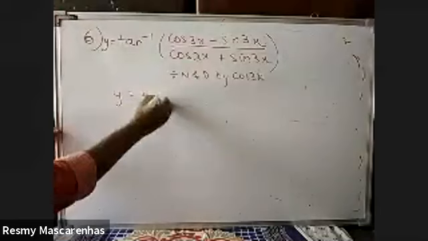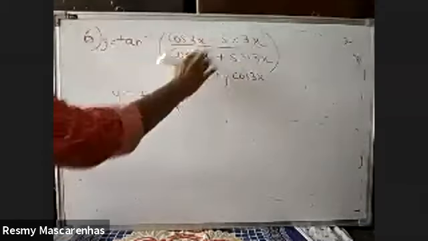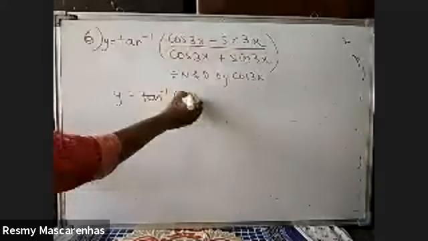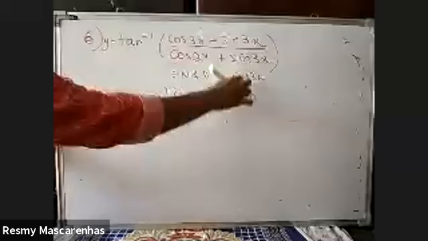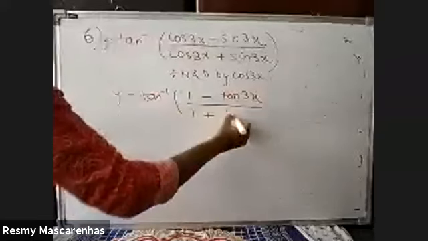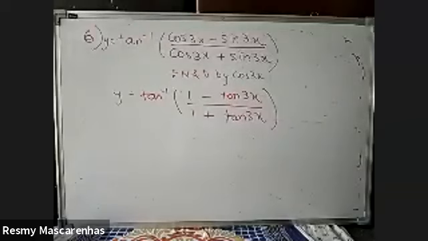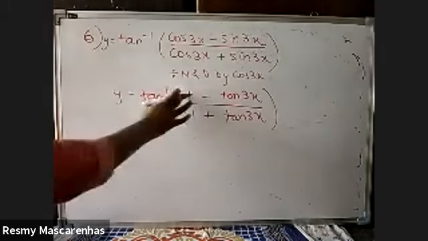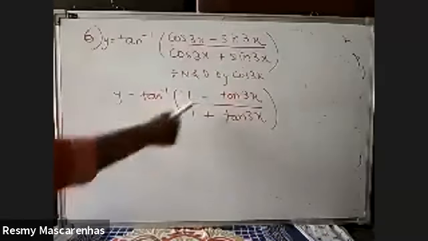When you divide, all the terms will get divided by cos 3x. So this will be 1, sin 3x upon cos 3x will be tan 3x, and same way, 1 plus tan 3x you will get. Now the formula: 1 minus tan theta upon 1 plus tan theta is nothing but tan of pi by 4 minus theta.